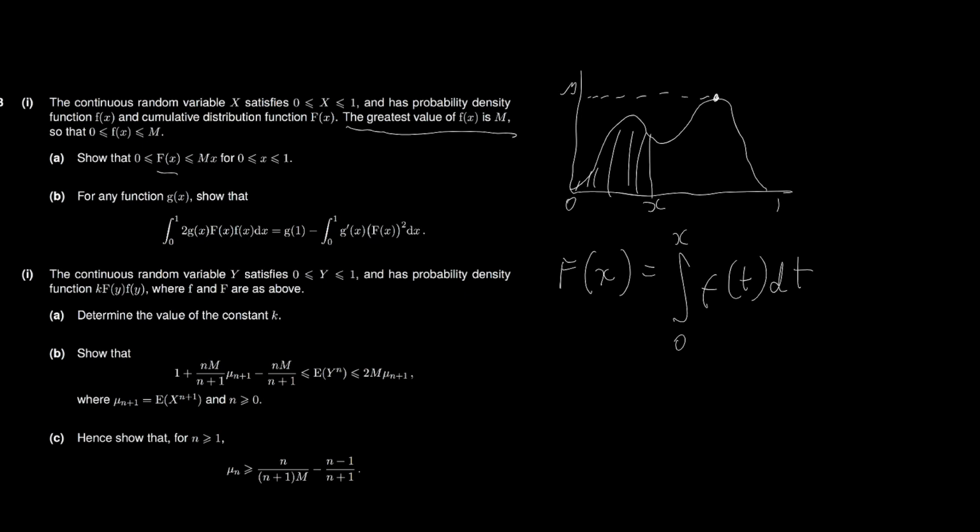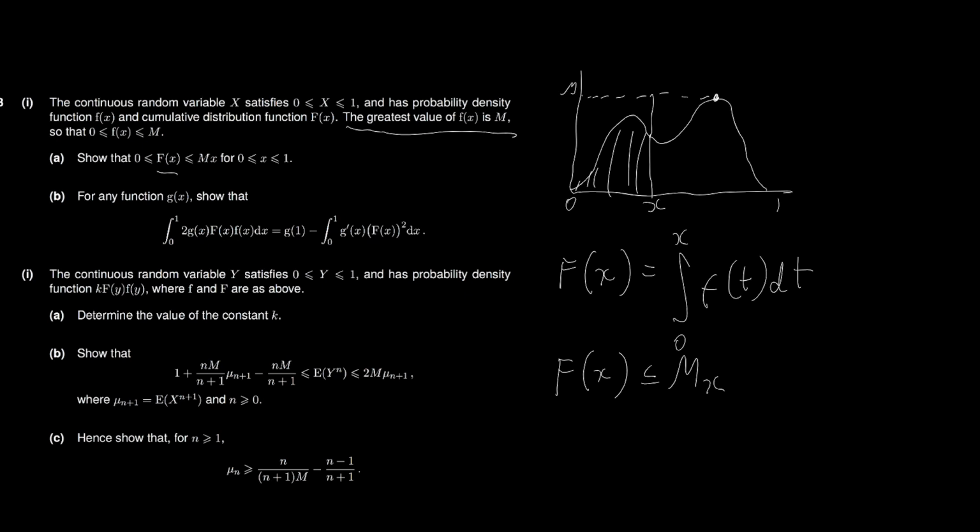If you think about this inequality, the area under this curve is always going to be smaller than or equal to the rectangle created by the maximum value. So we could say F(x) is less than or equal to mx, because mx is that rectangle and F(x) is just the area under the curve.